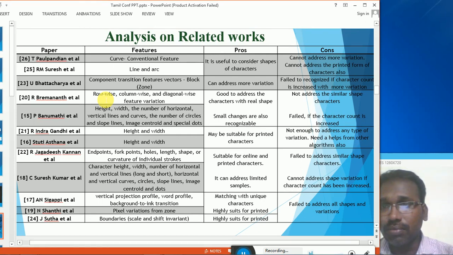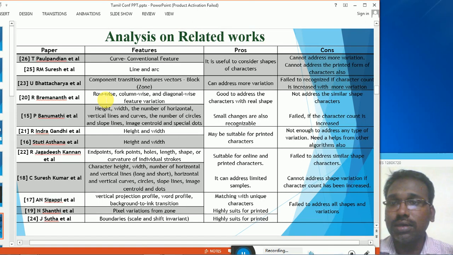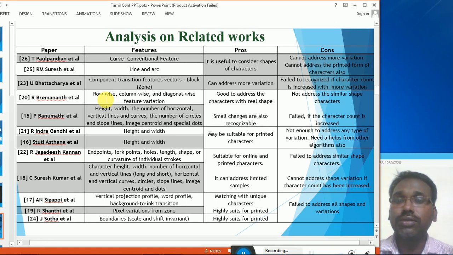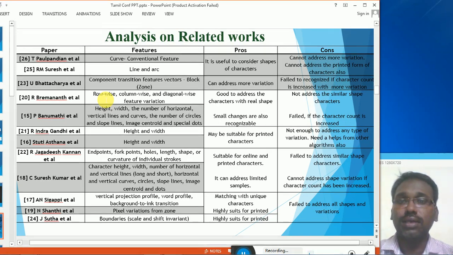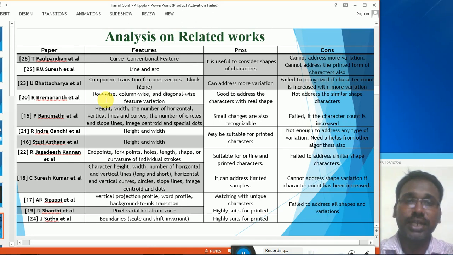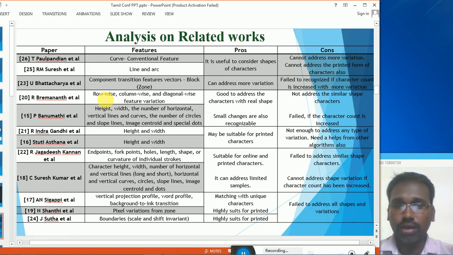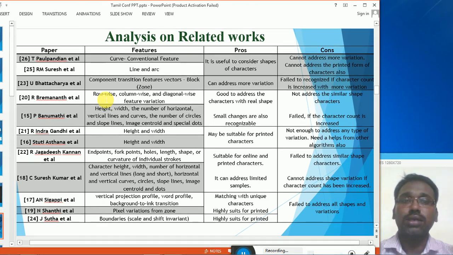Bhanumati and his team took out the height, width, number of horizontal and vertical lines, curves, number of circles and slope lines, image centroid, and special dots. It is good for addressing characters with real printed shape, and small variations are also recognizable, but it will not address similar shape characters and fails if the character count is increased.